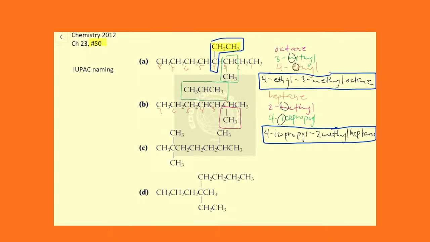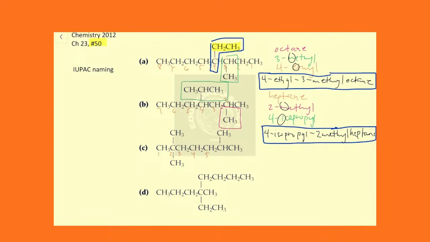Okay, so we got 1, 2, 3, 4, 5, 6, 7. And if we count from the left side, 1, 2, 3, 4, 5, 6, 7. Okay, so the first branch point always looks like, either way, you're gonna have it on carbon 2 first.